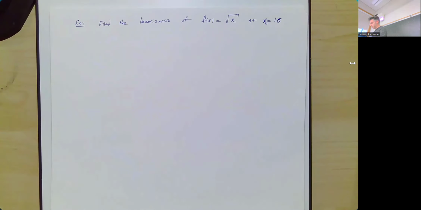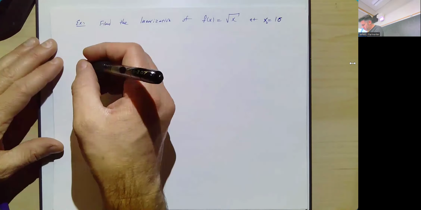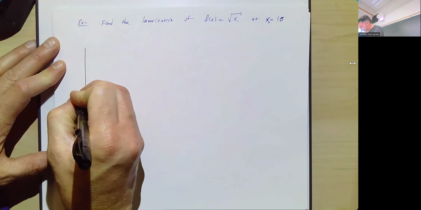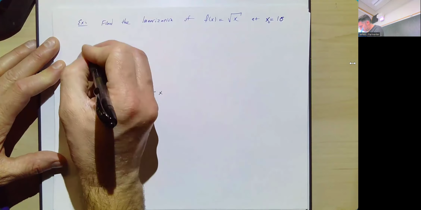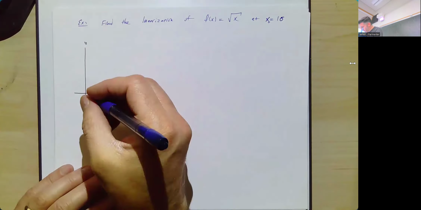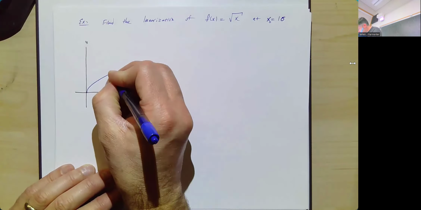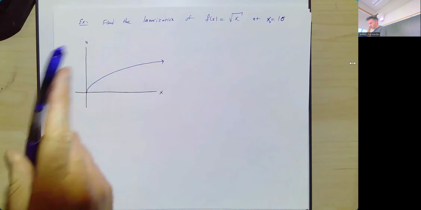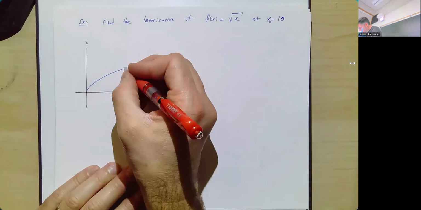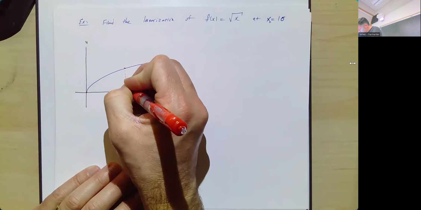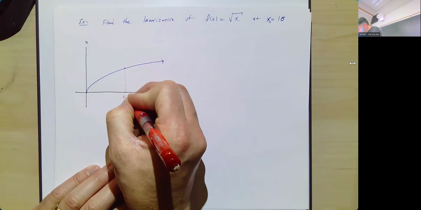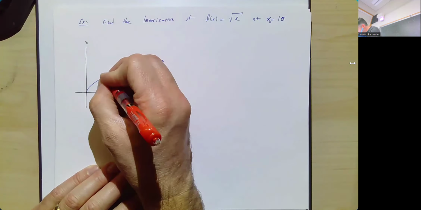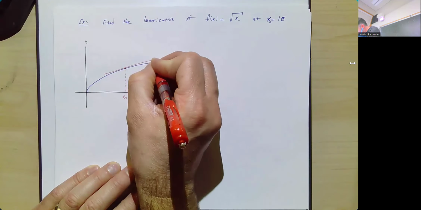So here's the picture of this thing. Here's my usual square root function. And right there is where x naught is equal to 16. And there's my tangent line.